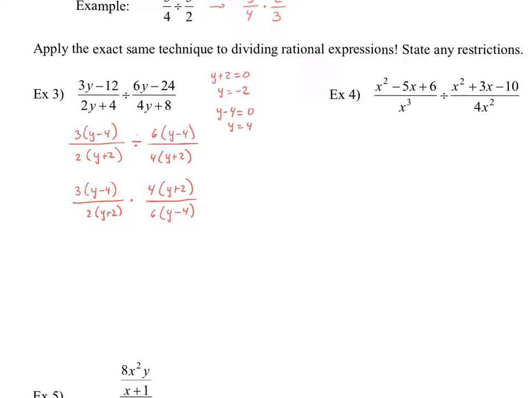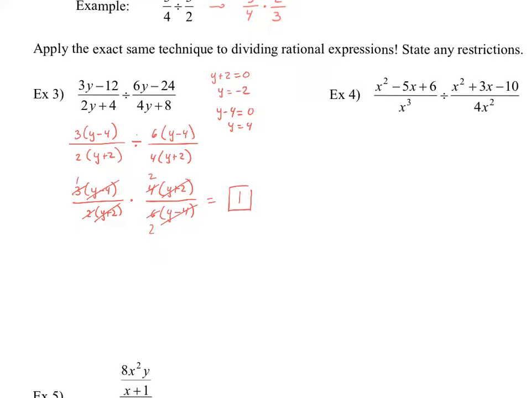Now I'm ready to go ahead and simplify. Again, we can cancel vertically, we can cancel diagonally. So the y plus 2's will go, the y minus 4's will go. The 2 and the 4 will become a 2. The 3 and the 6 will become a 2. The 2 and the 2, so it looks like when all is said and done we're left with 2 over 2, or 1, okay?